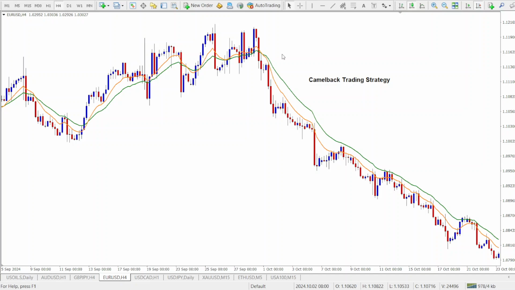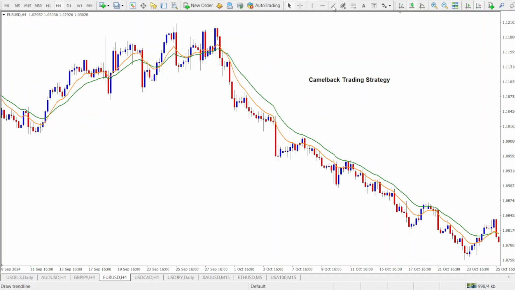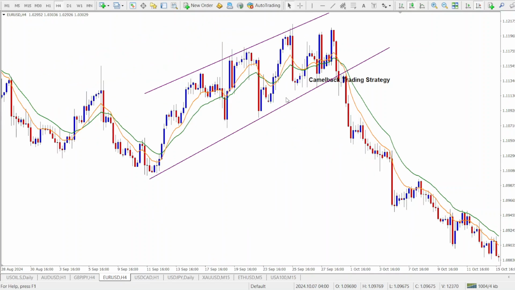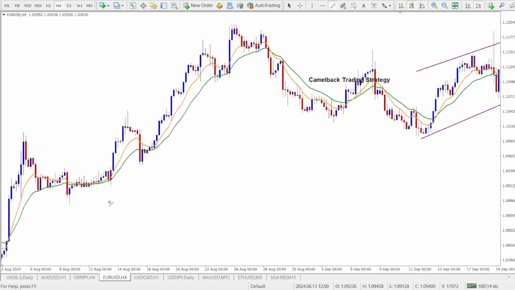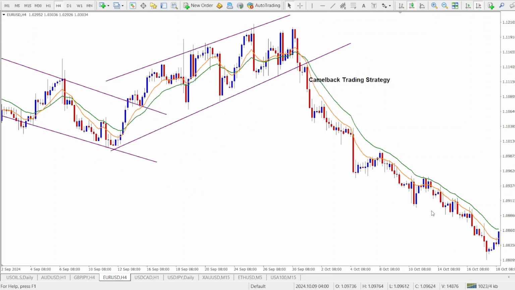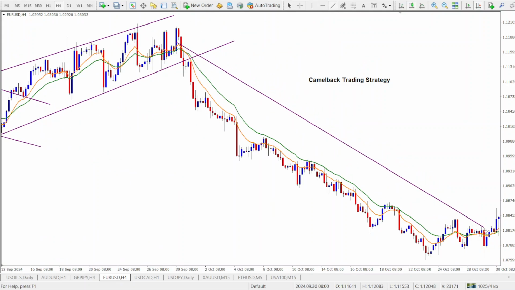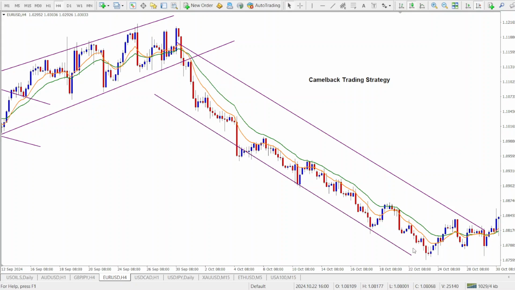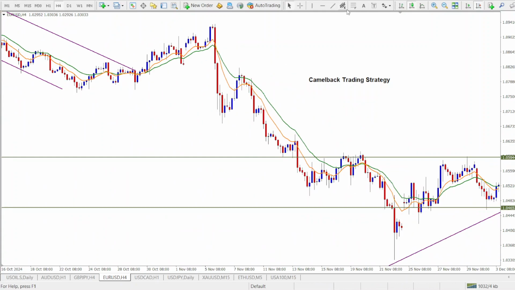Always start by identifying whether the market is moving in a clear direction or stuck in a range. For example, in this scenario, we can see it was moving in a clear upward direction. It's important to always identify the direction of the trend. Here we can see it was moving in a clear downward direction, and here again, and here, a clear upward direction.